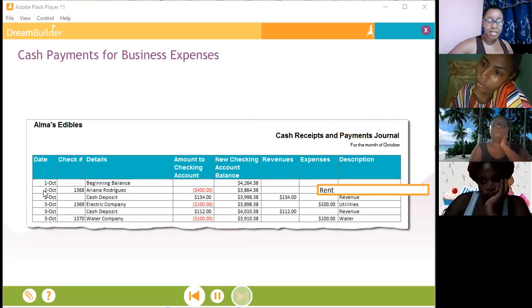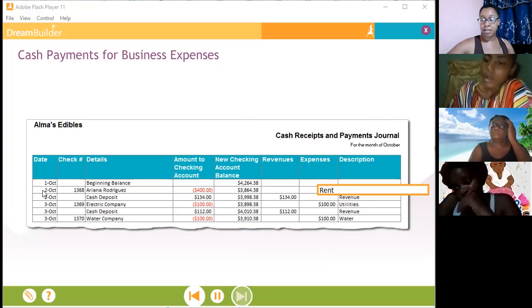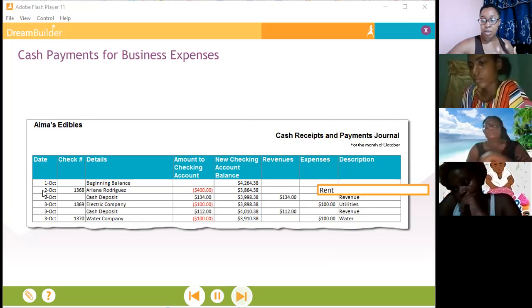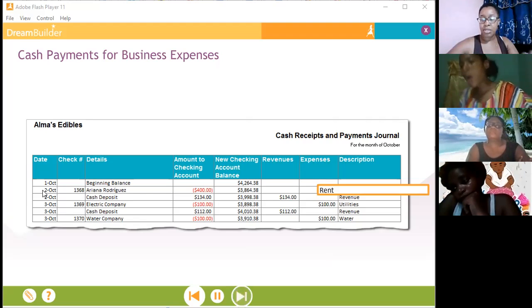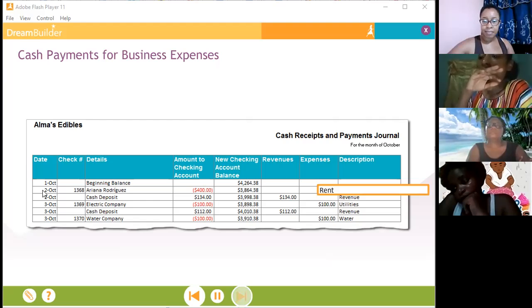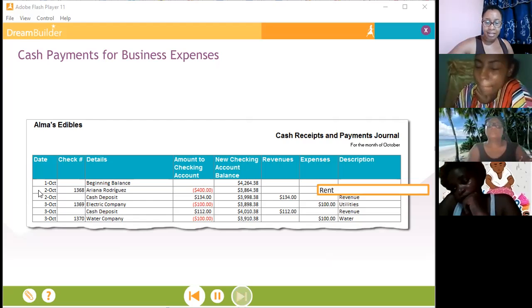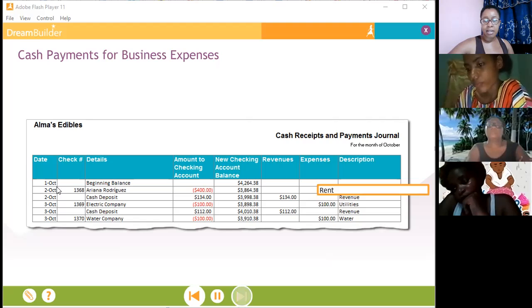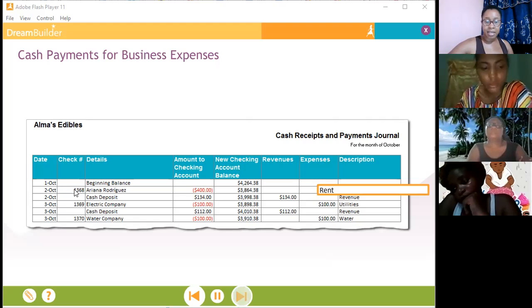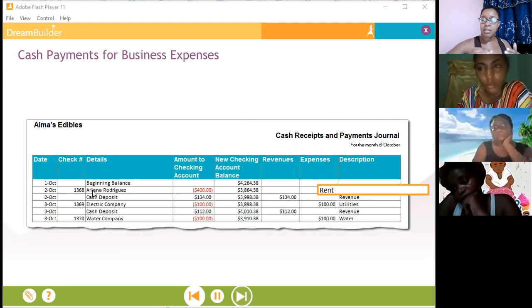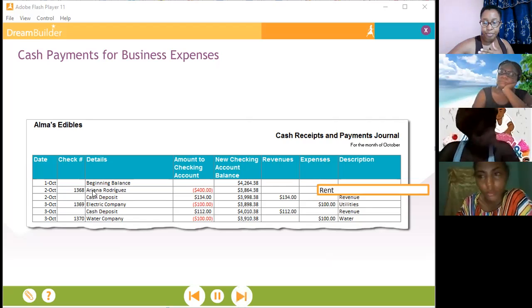Okay, so what they're saying is that she wrote a check for her rent. What does that look like on the cash receipts and payments journal? Rent is money paid out, so that is an expense. The date that she wrote the check appears here, along with the check number. The details would be the person she wrote the check to.